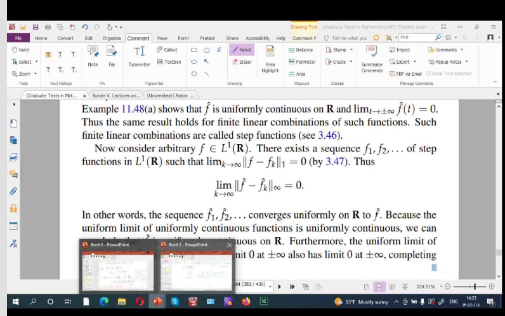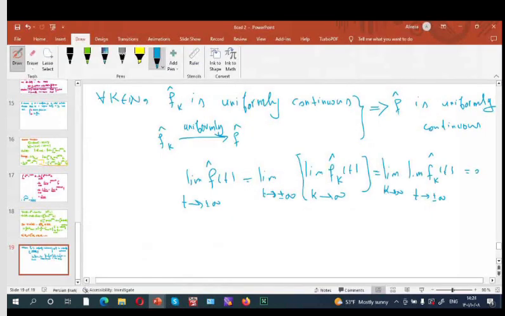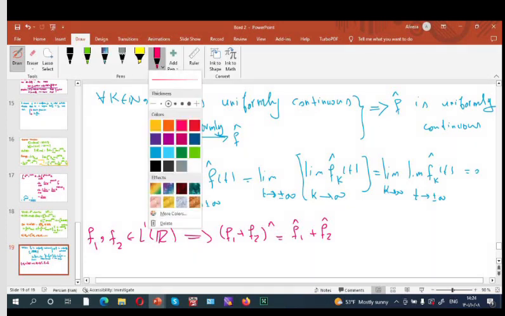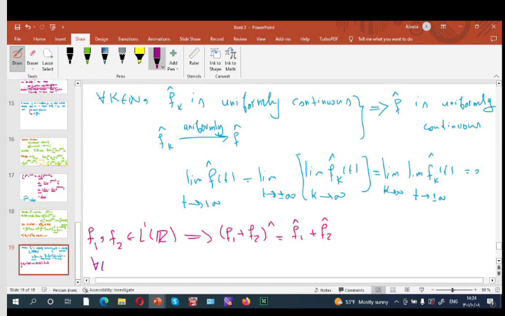Note that we sometimes use this fact: if, for example, we consider two functions in L1, then f1 plus f2 hat equals f1 hat plus f2 hat, and this is very trivial because we know that, for any t in real numbers, f1 plus f2 hat of t equals this integral, okay?